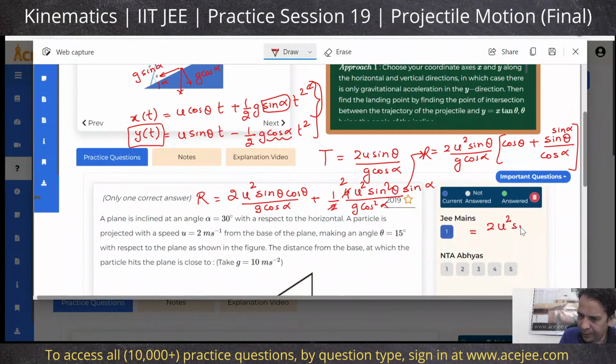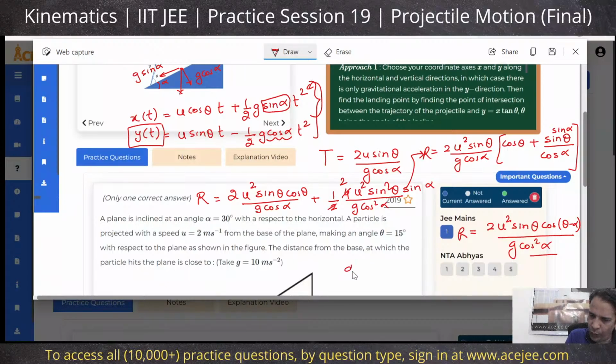So the range is 2u square sine theta cos of theta minus alpha divided by g. Is that right? Yes, Peter? We'll follow the same steps. This is the range.